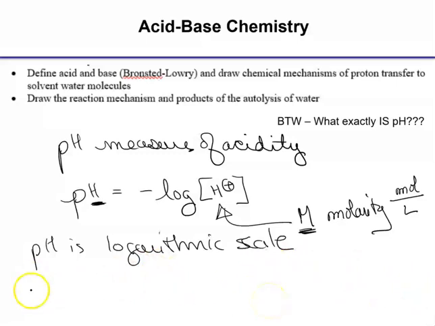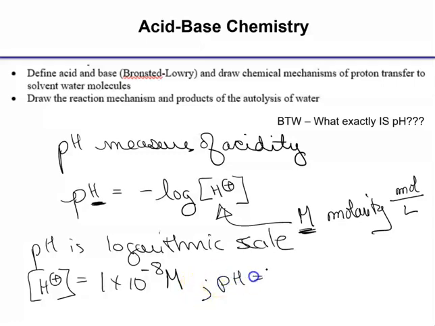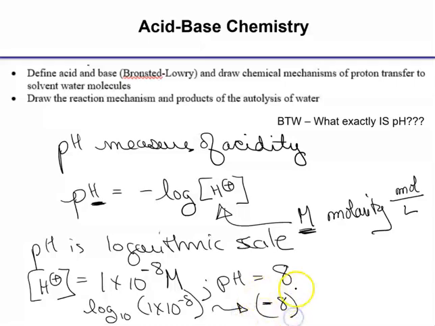If we're talking about a hydrogen ion concentration of 1 times 10 to the minus eighth molar, then the pH of the solution is going to be equal to 8, because 8 is the exponent, and if we take the log base 10 of this number, 1 times 10 to the minus eighth, we are going to get back a minus 8, and because the pH function is to take the negative log, we have essentially a minus 1 times that minus 8, and we get an 8.